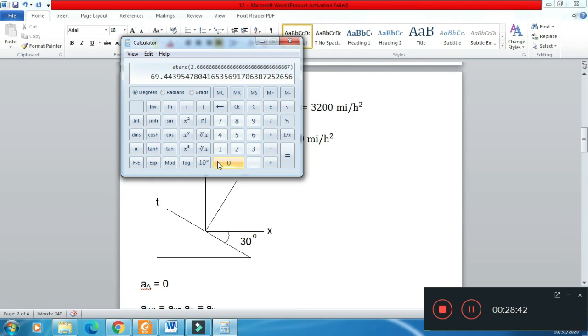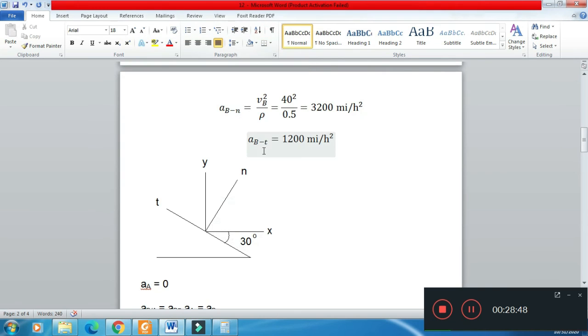So we determine the angle using normal and tangent. We get 69.44. This 69.44 will be measured with respect to normal and tangent. So 69.4 will be between tangent and y.